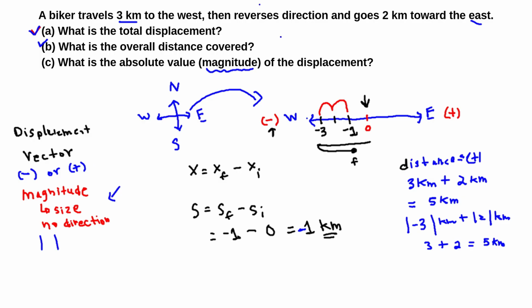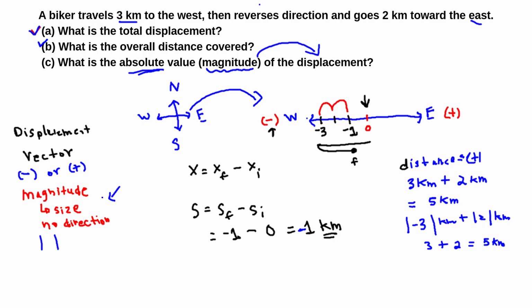When we find the magnitude of displacement, we always need to find the absolute value. That's why it's asking you for the absolute value. In other words, in parentheses, the magnitude of displacement. Remember, displacement is a vector and it has magnitude. Meanwhile, distance only has magnitude. So magnitude, if I'm not mistaken, is always positive.